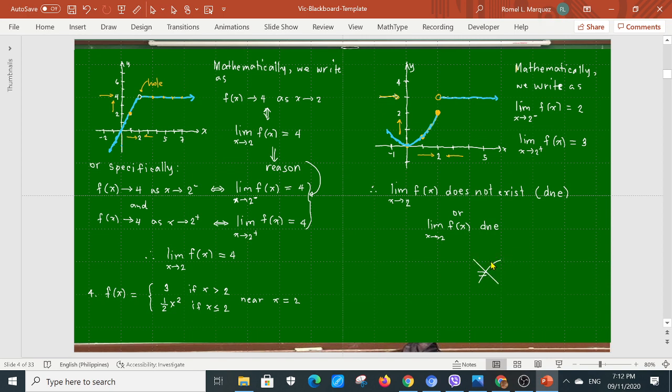Because f of x, this is not a number that you are supposed to equal. And aside from that, limit of f of x as x approaches 2 equals does not exist is not good English, no? So no equal. Just like this. Is that clear, guys? Hopefully it's clear.